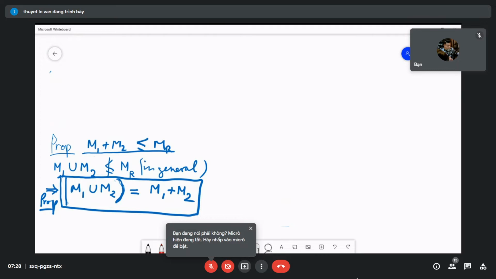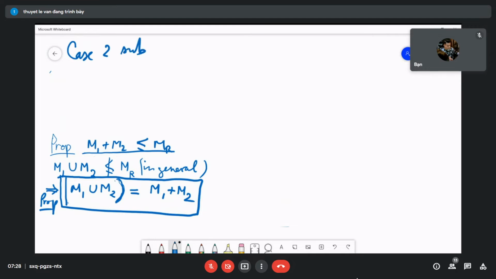So for the case of two submodules, I have already proved it, but in our book, you remember that we should have the sum of many, not only finite, but that is okay.